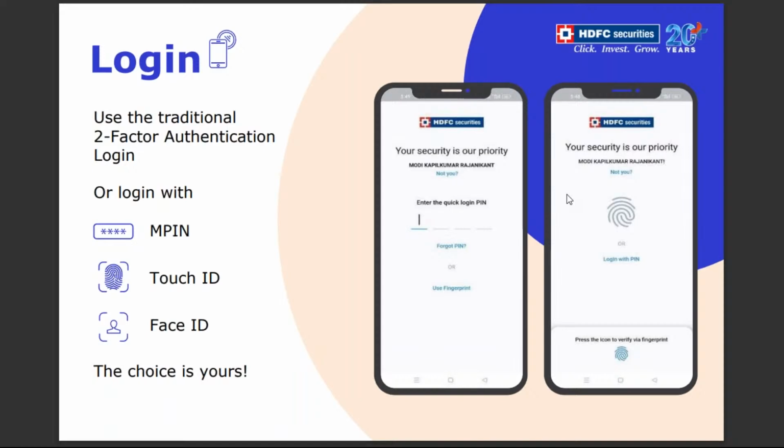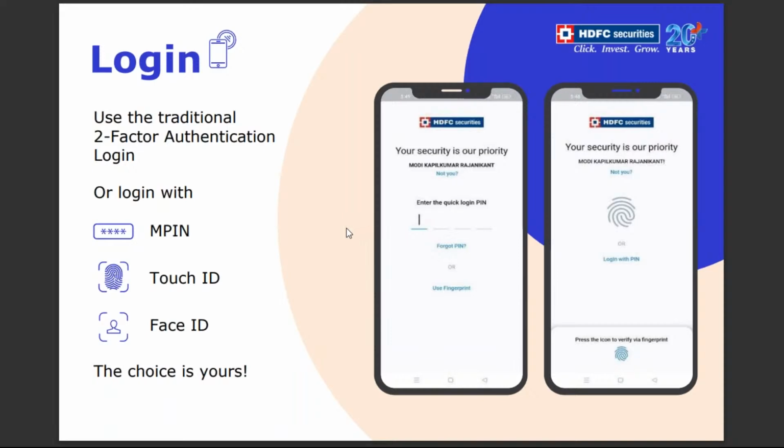The first option is the traditional way, that is login ID and password. The new thing is you can activate the MPIN, or the Touch ID, or the Face ID. Through this also you can log into the application.